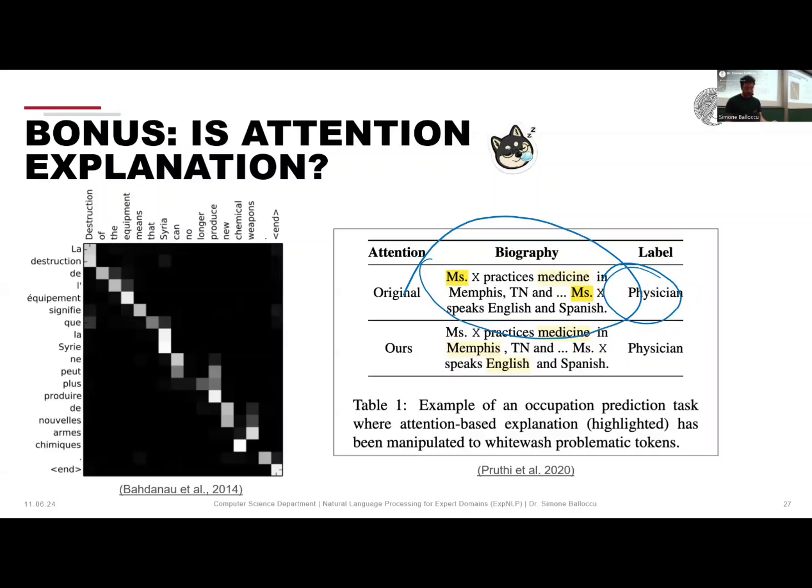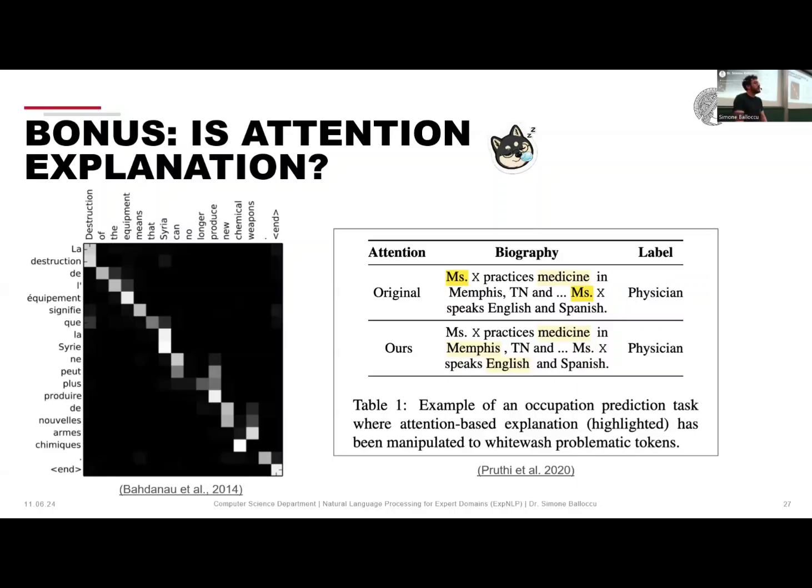And for some reason, this network understood that if it focuses on this, it can predict physician more confidently, more often. So it boosts the accuracy. What they do is a second pass of training, in which they force the model to still predict physician, but to focus on those tokens instead, like medicine, for example.